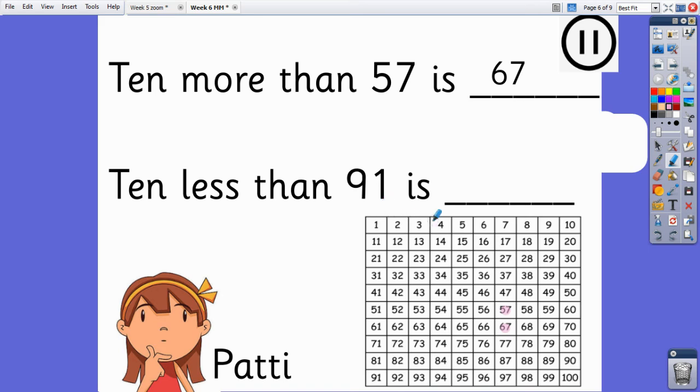Again, I need to start by looking for 91 on my 100 square. And I know this sentence is telling me it needs to be 10 less. So I go up vertically on my 100 square and I land on 81. 10 less than 91 is 81. Tick or fix your answers.